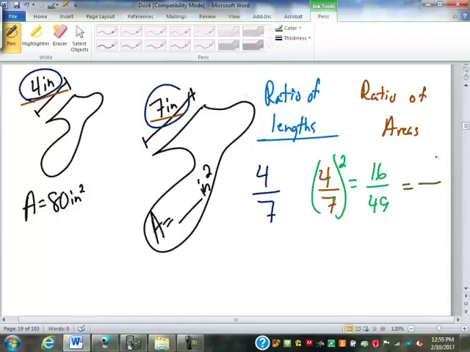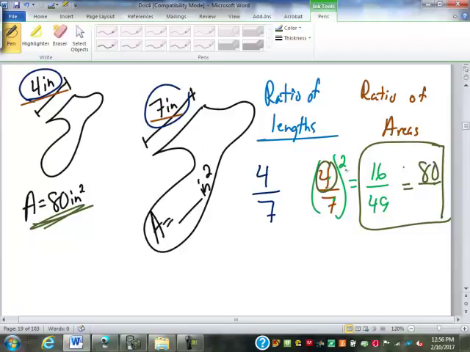Now, what's going to go over this other side of our proportion here? This is going to be areas. We know the area of 80. Does that go top or bottom? Top. Because that comes from the figure that had the 4, the side of 4.